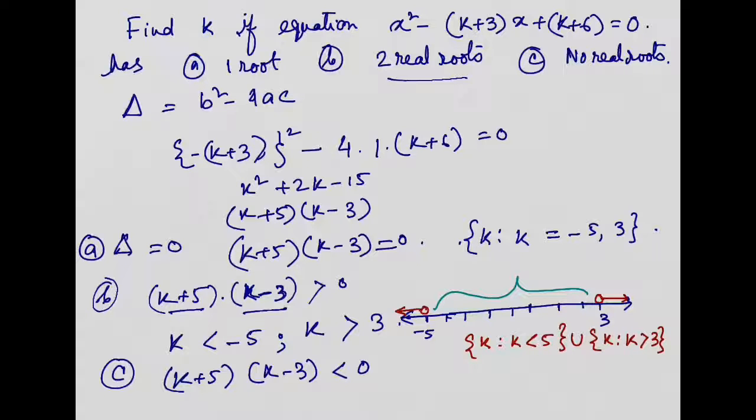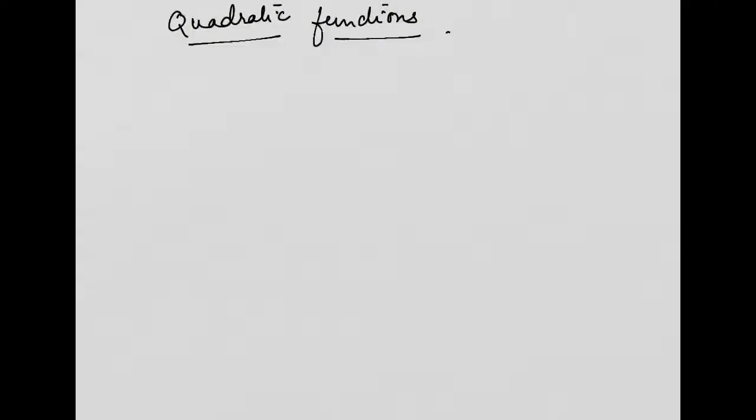So, k would be in between, it will take the in-between values. This is my minus 5 and 3, also not touching. So, that would be my other condition for no real roots.